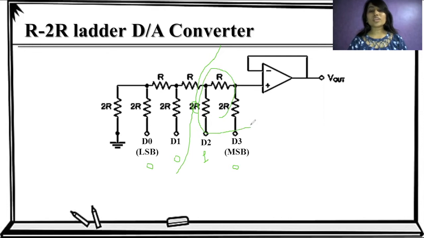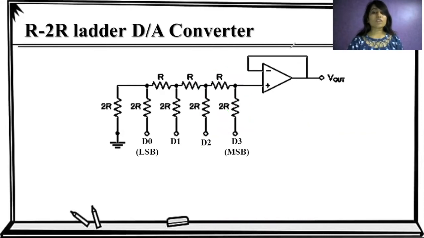According to this combination of the network, we can deduce the equation for V out as V in divided by 4. You can remember this equation like we have a 2R over here and a 2R over here. So for D2 equal to 1, V out is equal to V in divided by 4.